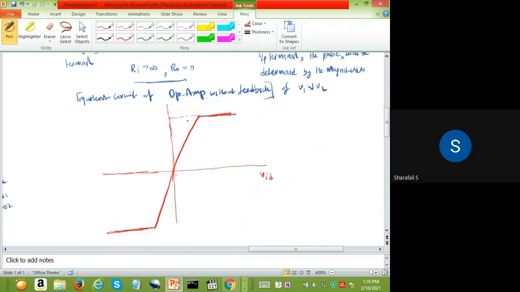This is your plus V saturation. This is your minus V saturation. This axis is the output voltage. This is your VID.